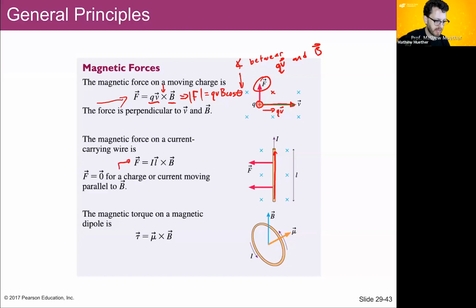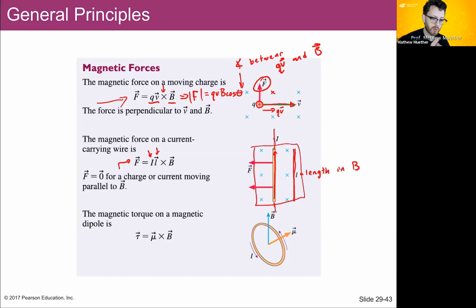You can break that wire up into a bunch of little charged pieces moving along the wire, and you find that the force is equal to the current times L, which points in the direction of the current. It depends on the length. What is L? L is the length in the field B. Imagine the field B only lived in this one particular region and then the field turned off.